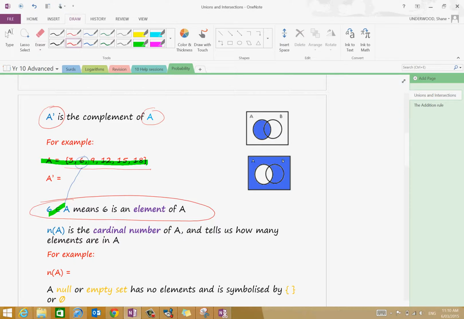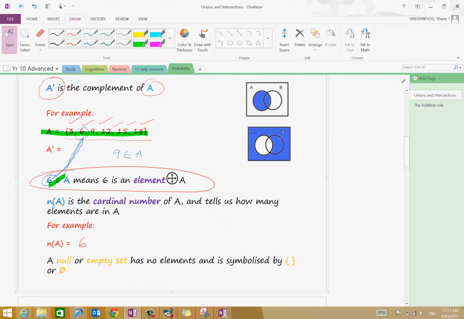Well, we've got 1, 2, 3, 4, 5, 6. So the number of A is 6. Okay? However, don't be confused. 6 is an element of A, but we could also say that 9 is an element of A. Okay? Because 9 is a value inside the set A.